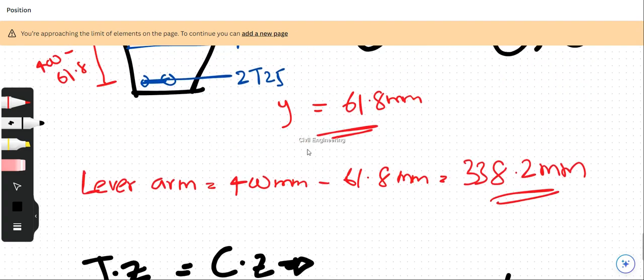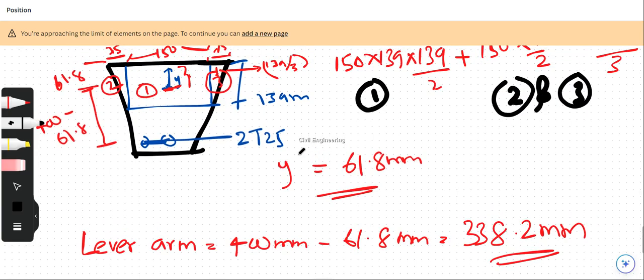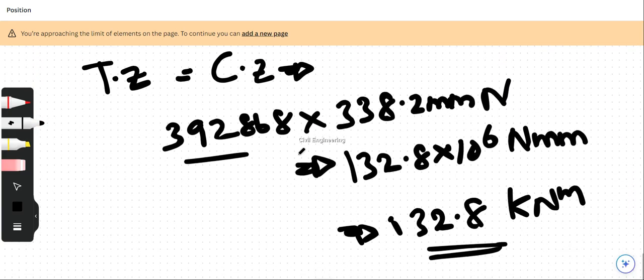You can find the moment of resistance or the moment capacity of the section.